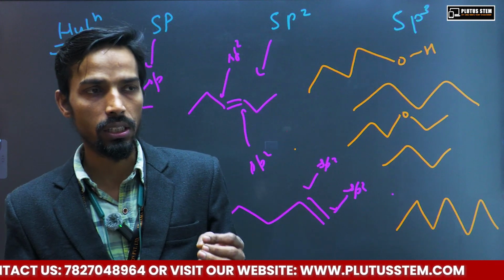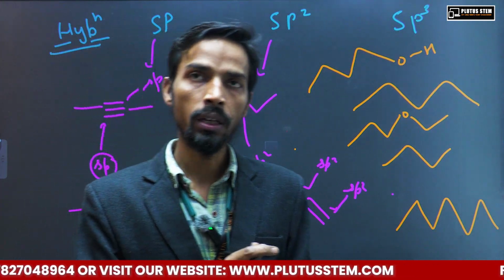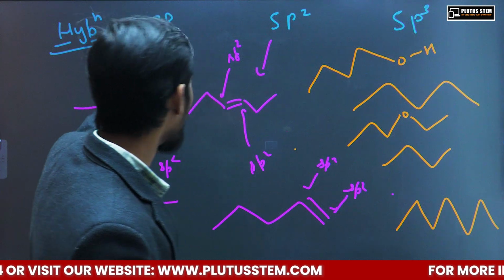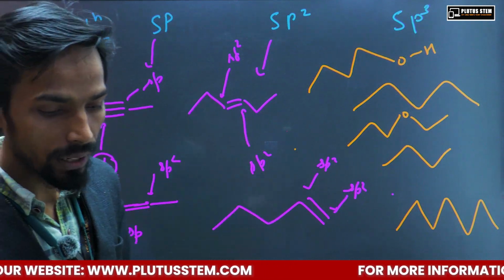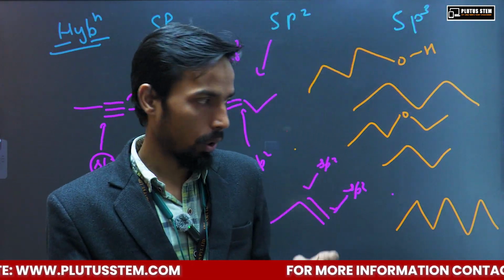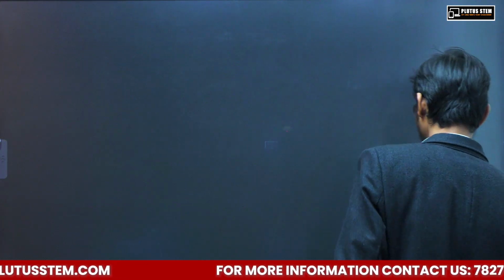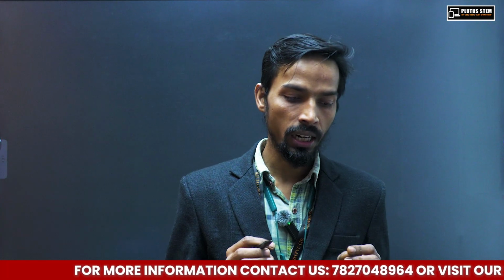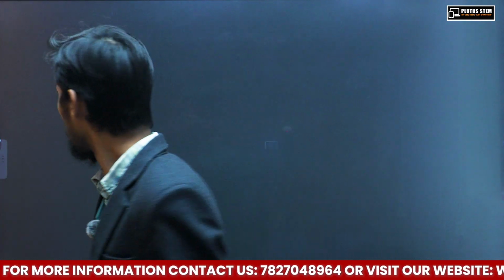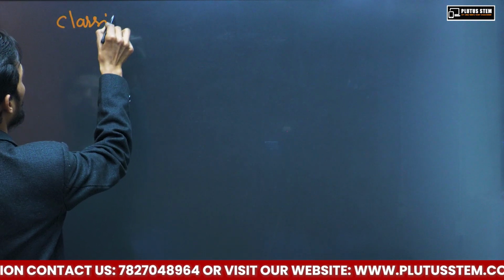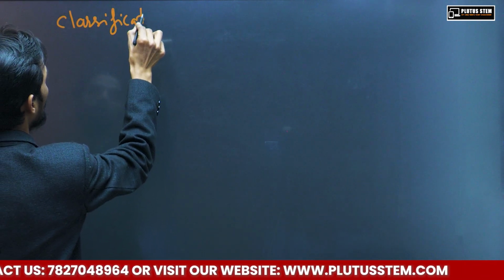After that, we discussed iso and neo terms, and now we have discussed the hybridization term, how we can classify these organic compounds on the basis of their hybridization. Now the next thing which we are going to discuss is functional group classification.